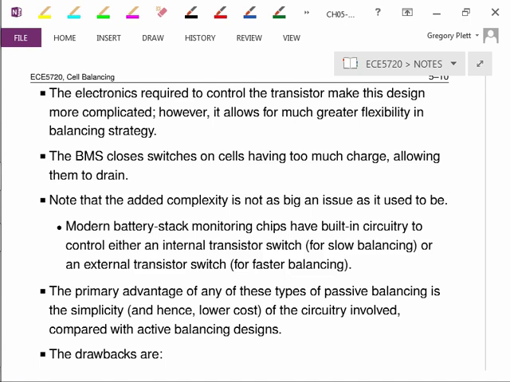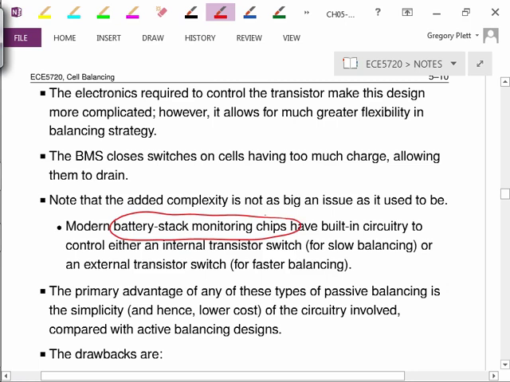But in modern battery stack monitoring chips, such as the ones that we looked at briefly in Chapter 1, many of these chips have built-in circuitry to control the balancing. And you send the chip an electronic message that says turn on balancing for cell number 5, and it will do so, and then turn it off and it will do so. And all of these electronics are built in, and it makes it much easier and much less expensive than it used to be.